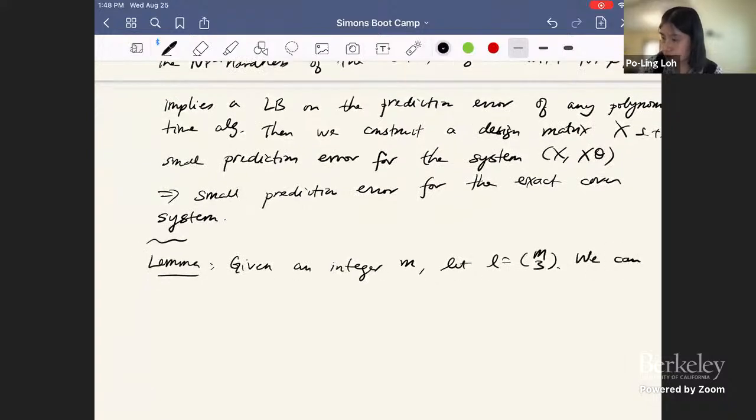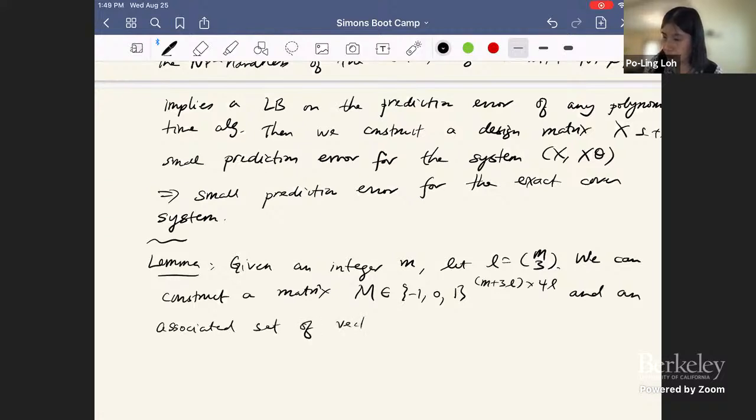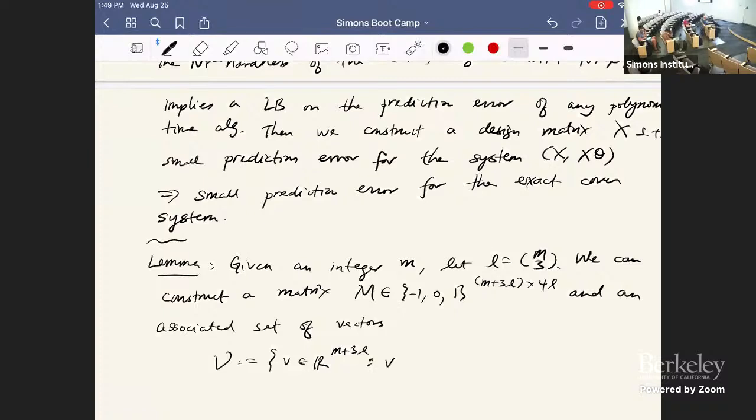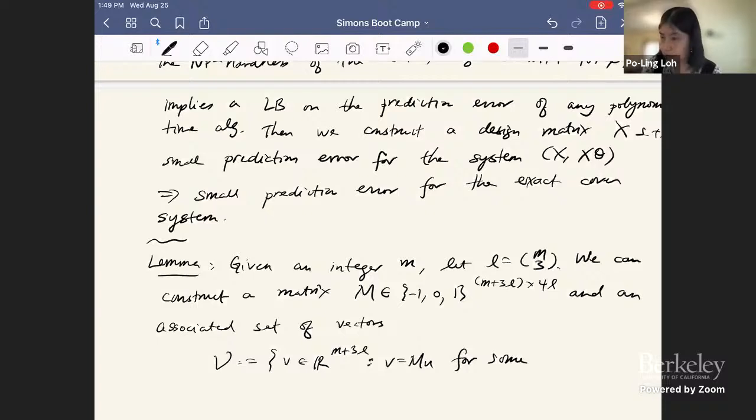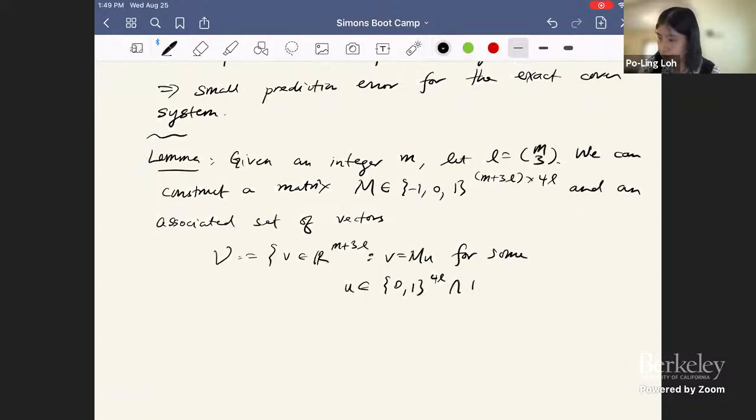Then we can construct, and this is an explicit construction, a matrix M in {-1, 0, 1}^((m+3L) by 4L), and an associated set of vectors script V equal to the set of v in R^(m+3L) such that v equals Mu for some u in the set {0, 1}^(4L) intersect the sparse ball, and we'll denote this as U.